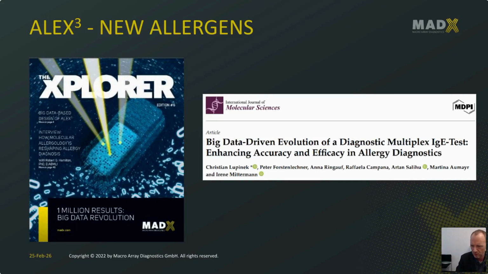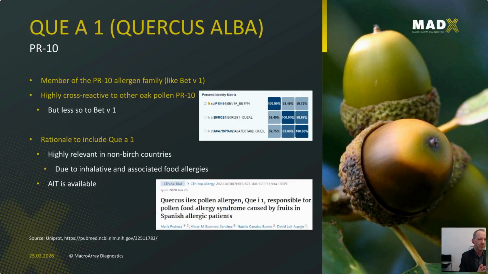In the next few slides, I'm just going to cover a few of them as examples. We've got Que a 1, a PR-10 from oak pollen. It's related to Bet v 1, but the level of cross-reactivity to Bet v 1 is quite low, which means that Bet v 1 doesn't serve as a very good surrogate marker for identifying sensitization to oak pollen.